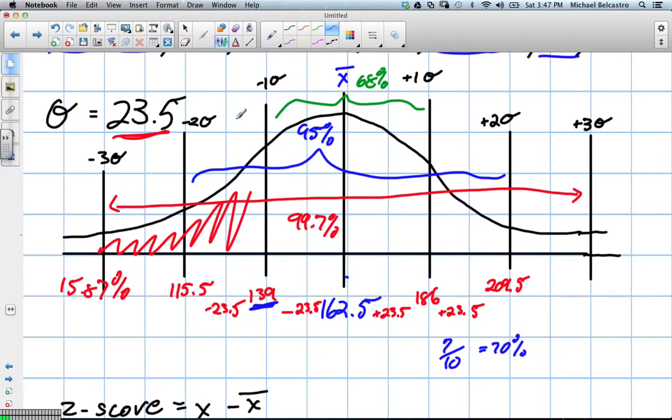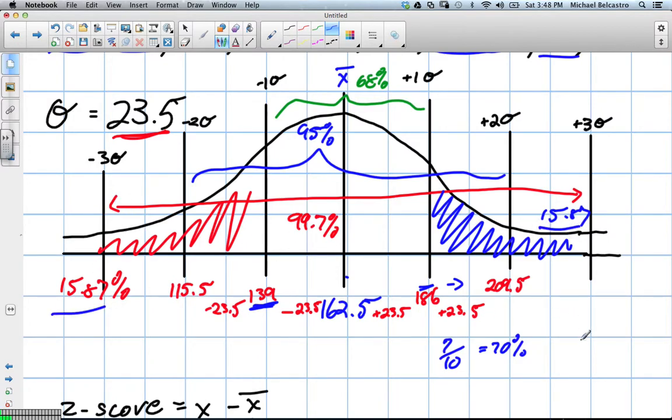Because this is symmetrical, because that's one deviation, how much of the data would be greater than 186? Well, because it's symmetrical, we'd have another 15.87. So let's add an even further question to this. How much of the data is outside of one deviation? Well, we would add these together.